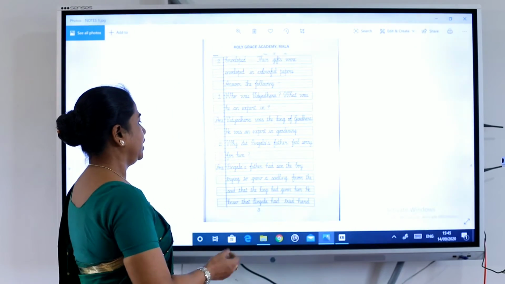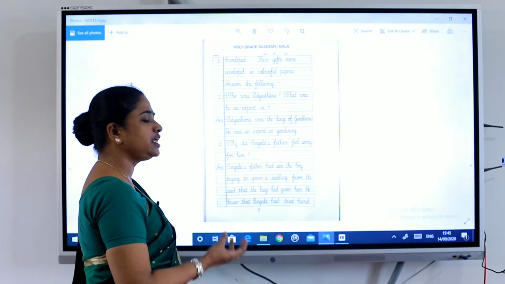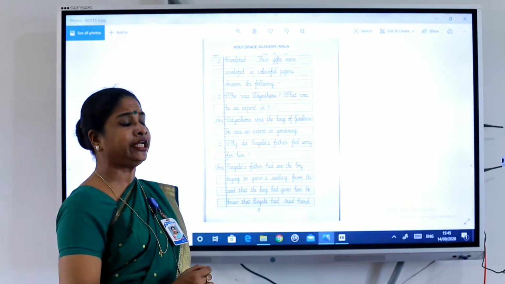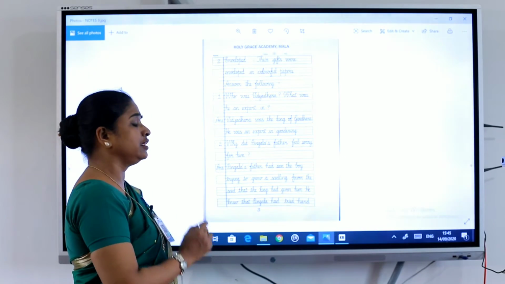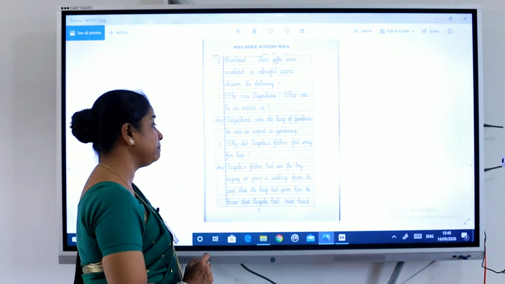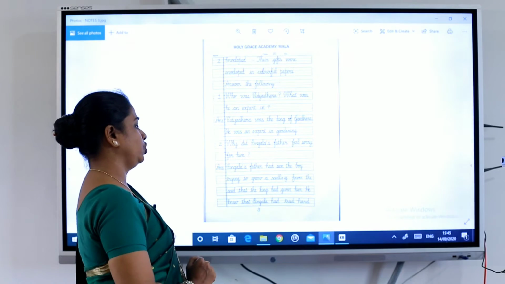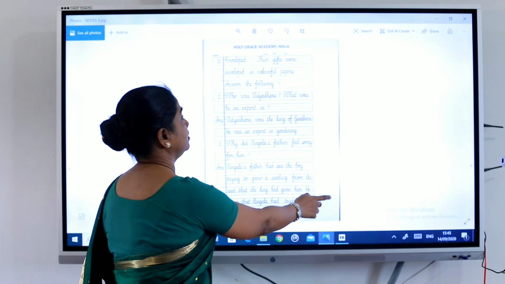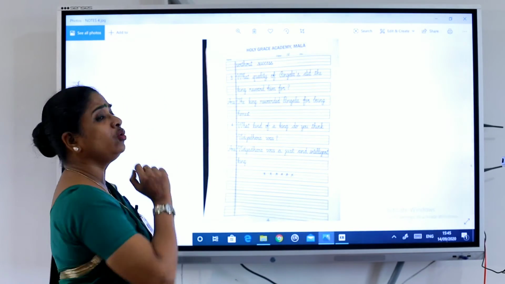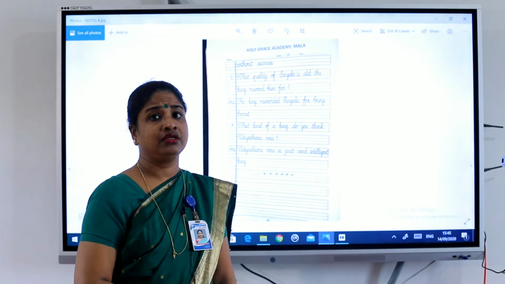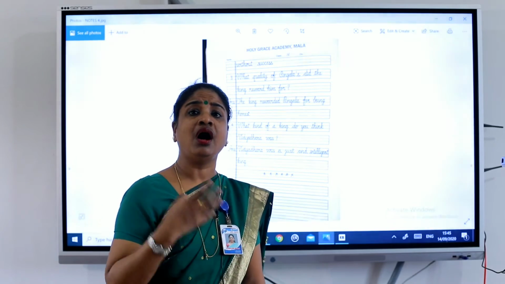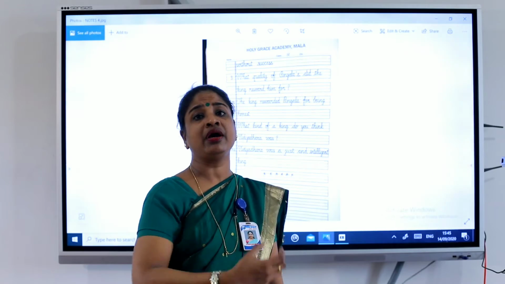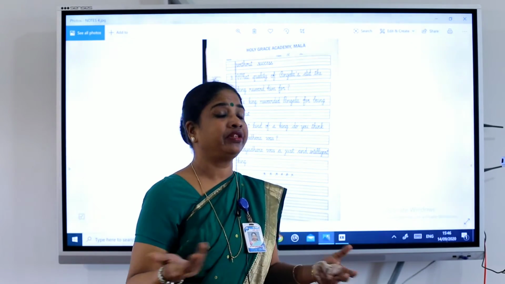You have it here. Pingala's father had seen the boy trying to grow a seedling from the seed that the king had given him. He knew that Pingala had tried hard without success. So Pingala's father knew the hard labor put into that particular plant to make it grow, but there was no use.